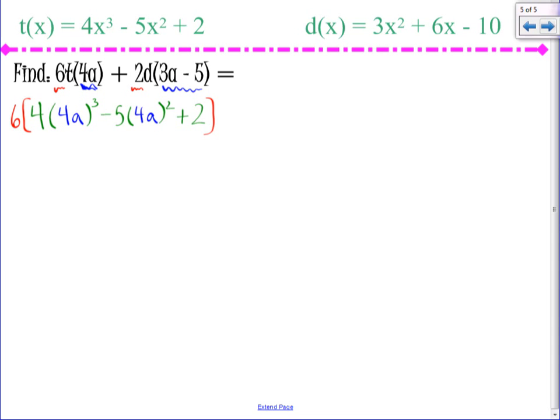Let's set up the other one as well. So now we have the 2 out front. And now this d right here is saying to use the d of x function, which is over on the right. So I'm going to leave these x's as blank. So we've got 3 plus 6 minus 10.